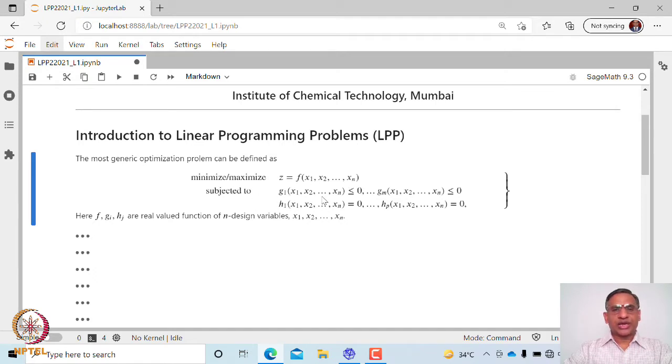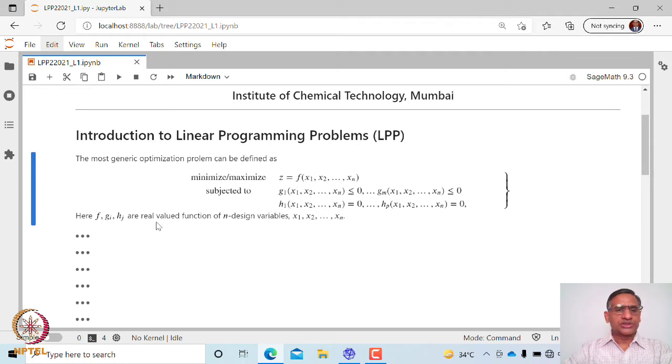We can consider two types of constraints: one is less than or equal to constraints, and the other is equality constraints. So there are m inequality constraints, g1, g2, gm, and p equality constraints, h1 equal to 0, h2 equal to 0, hp equal to 0.